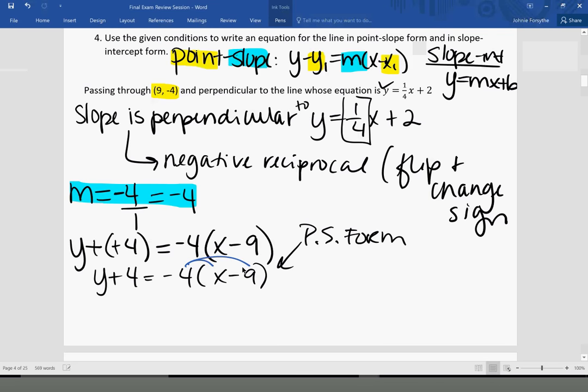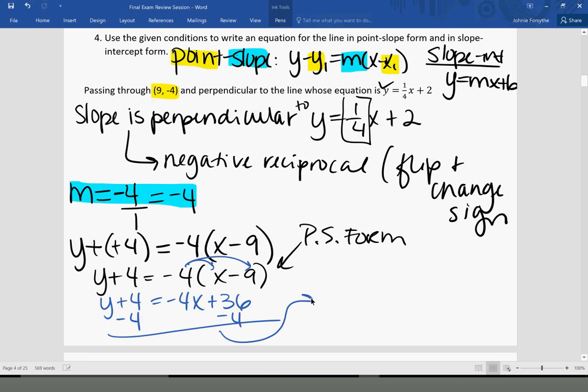If we distribute this negative 4, negative 4 times x is negative 4x, and negative 4 times negative 9 is positive 36. I'm going to bring down that y plus 4, and then to get y by itself, I'm going to subtract 4, and we have y equals negative 4x plus 36 minus 4, which is 32.